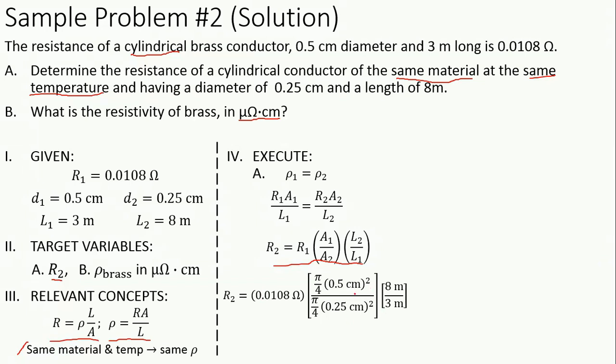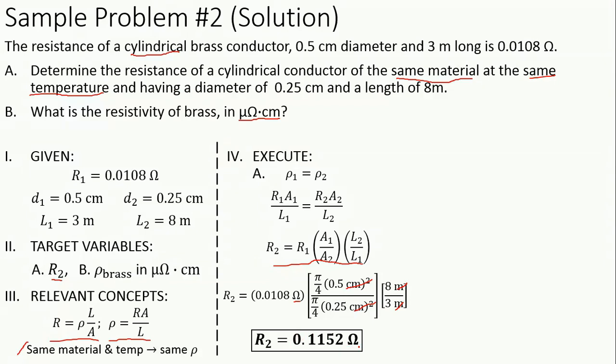For example, in this expression, the cm squared will cancel out, and for this term, both meters will cancel out. So we expect the unit of R2 to be ohms. We have ohms here, so we don't need further conversions to solve for R2. Solving for R2, we obtain a value of 0.1152 ohm.